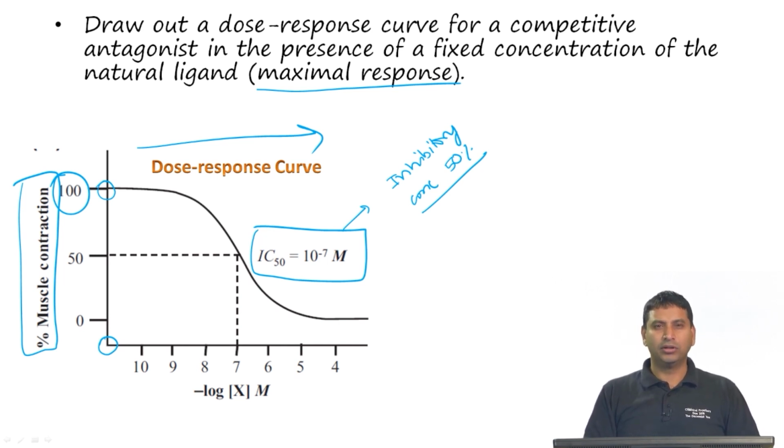So, this is how the dose response curve for a competitive antagonist in the presence of a fixed concentration of the natural ligand will look.